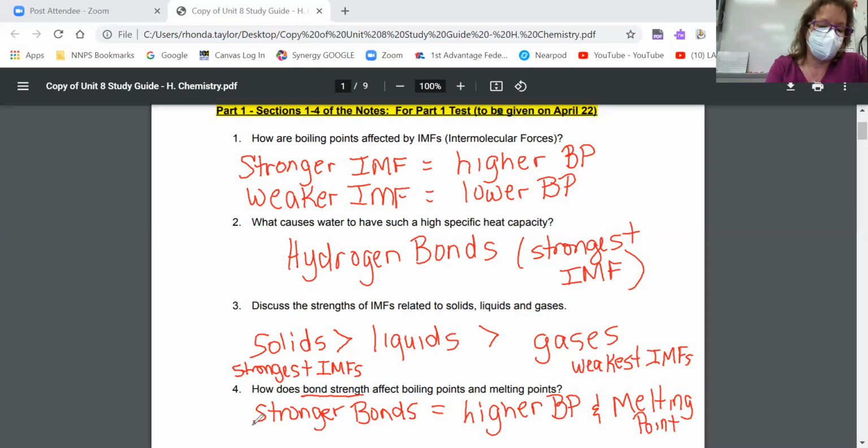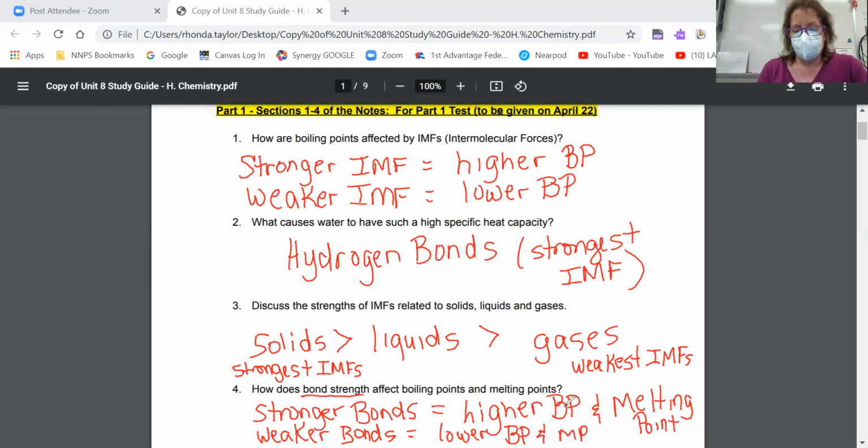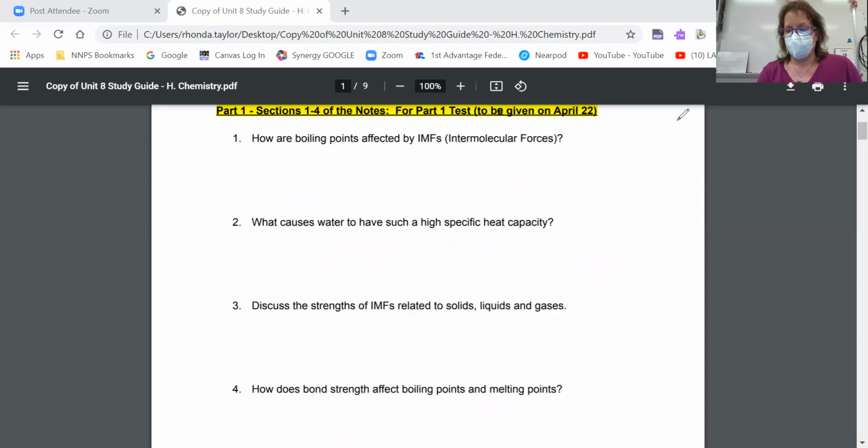And then, of course, the weaker bonds are going to have lower boiling points and melting points, because they don't need as much energy to break those bonds. Okay, so stronger bonds, you got to apply more energy to get it to boil or to melt. And the weaker the bonds, you don't need as much energy, so the boiling and melting points are lower. Okay.